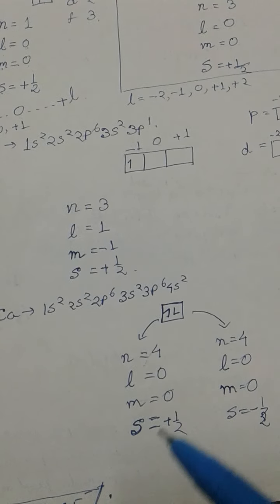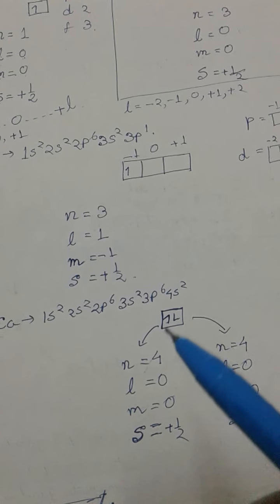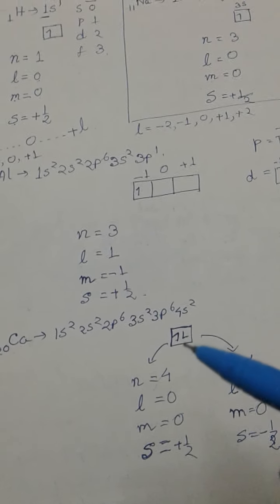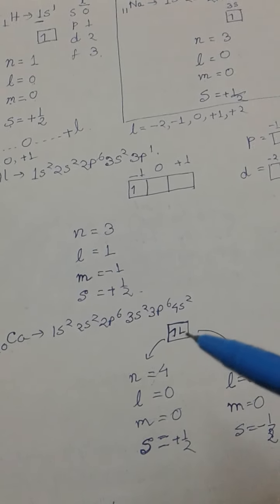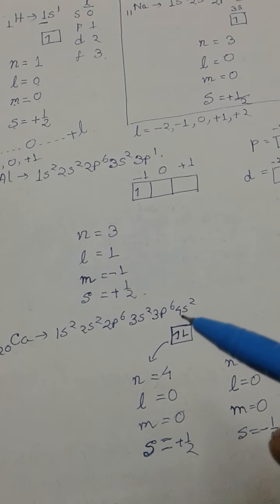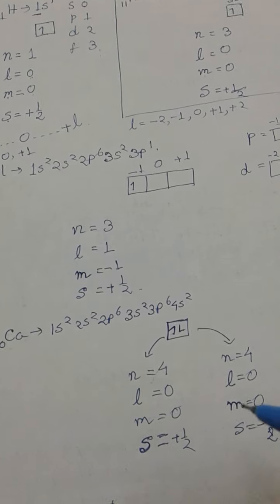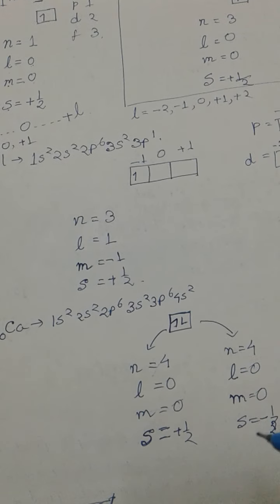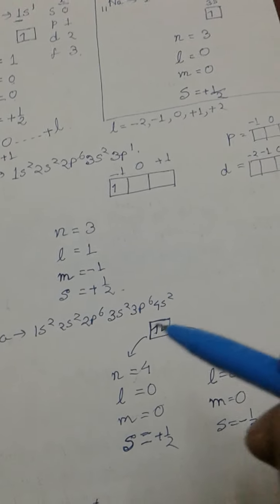And s is plus half, because it is in the upward direction. And for the downward electron, n is also 4, l is 0, m is 0, and s is negative half.